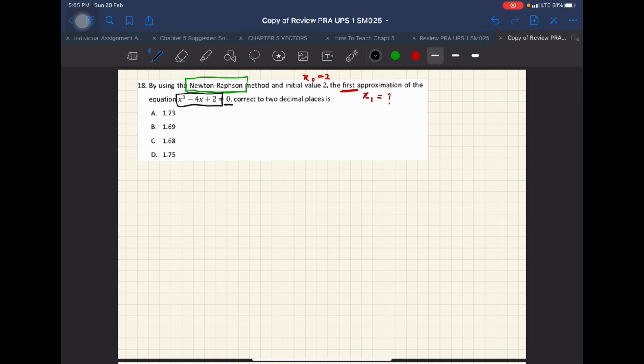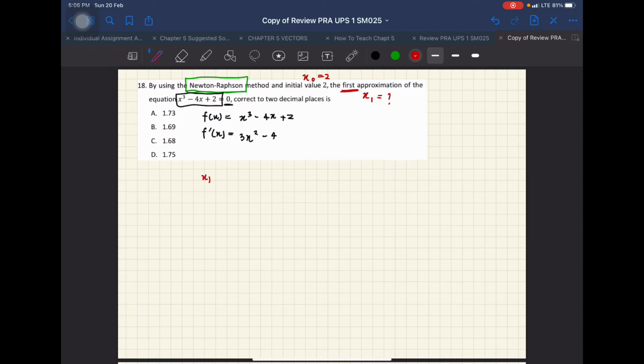Sebab dia dah sama dengan kosong, which means that this is your fx equal to x cubed minus 4x plus 2. Okay, and then we find the derivative. So you get 3x squared minus 4. Settle.